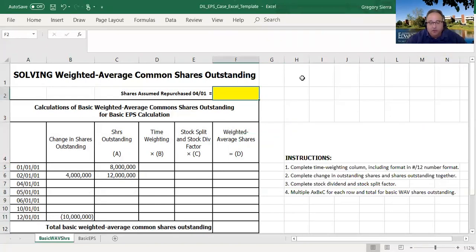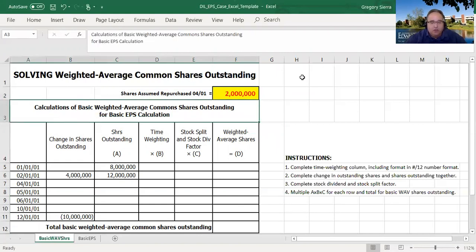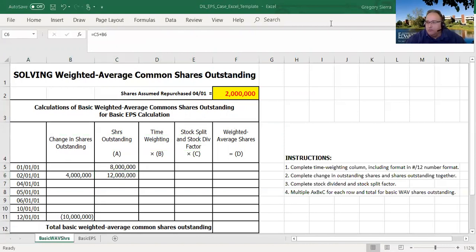The first thing you have to do is assume your shares. The instruction for your share assumptions are on the worksheet. Mine here in this example are 2 million. And once I have that 2 million shares, I'm going to just use pointers and other functions in Excel.